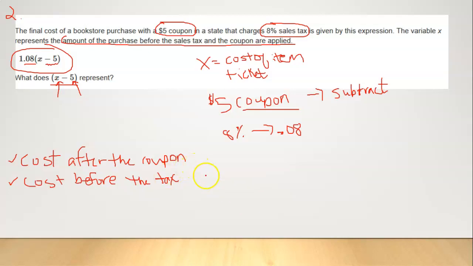It's going to be either, I didn't look at the answers for this one, the cost after the coupon or the cost before the tax. Again, it depends on your perspective. If you're subtracting the 5, you've taken the coupon off. So there it is, the cost after the coupon. Or if you're just talking about this parentheses, we have not yet multiplied it by 1.08. So it is the cost before the tax.